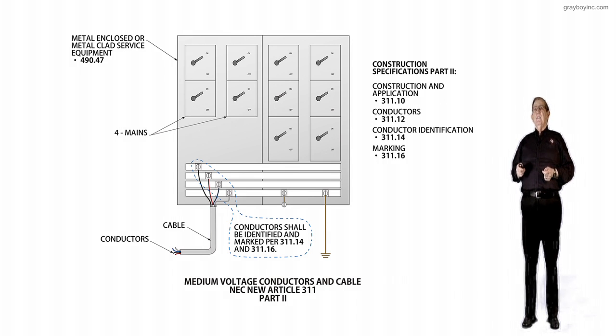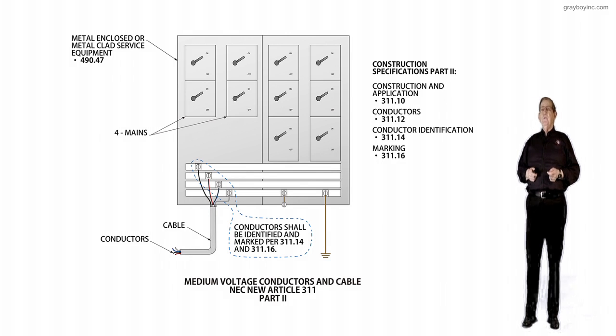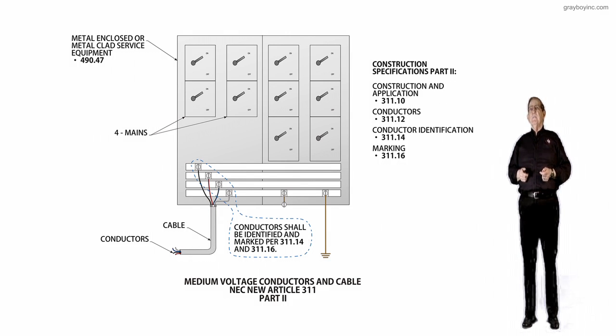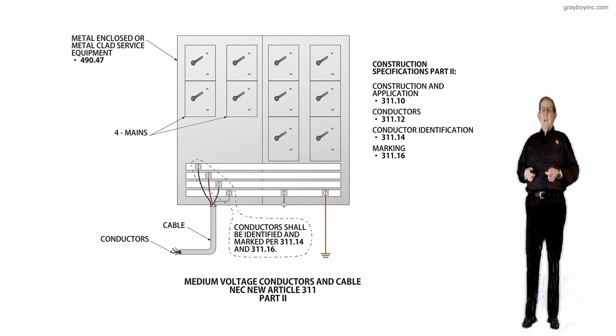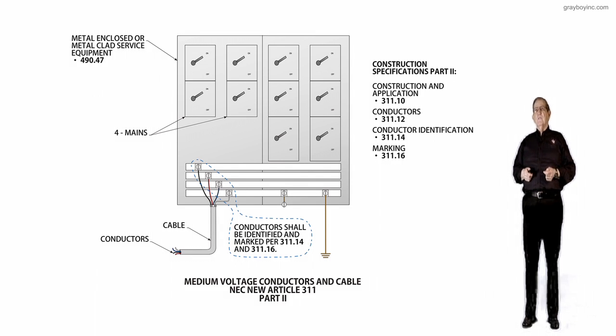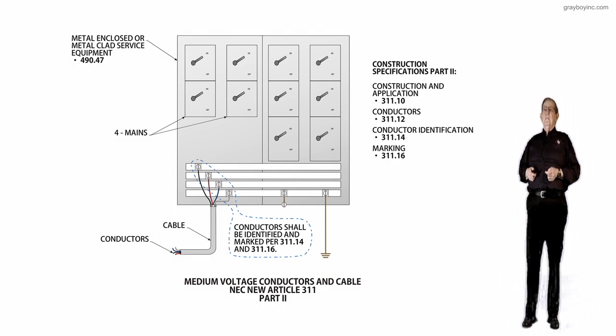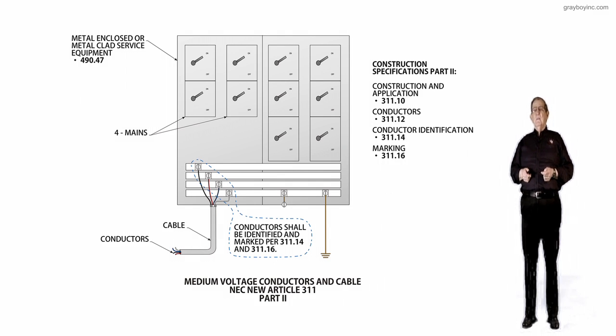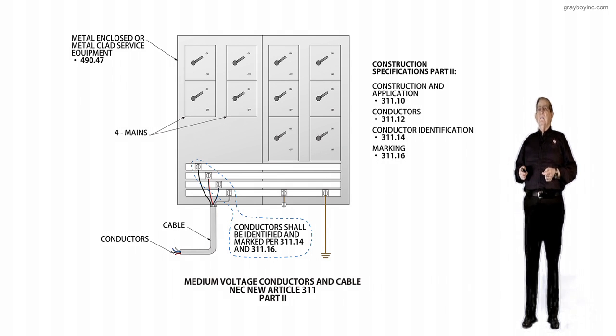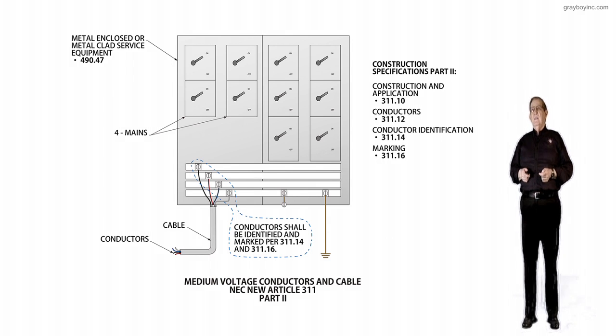And secondly, our construction specifications is Part 2 of Article 311, construction and application. Construction and application of this article is in 311.10. Conductors of over 1,000 volts, medium voltage type, is discussed and outlined in 311.12.